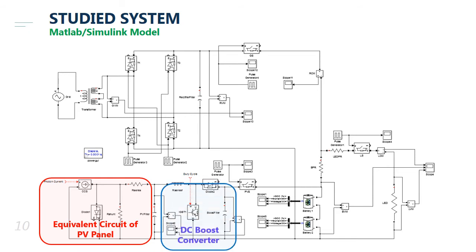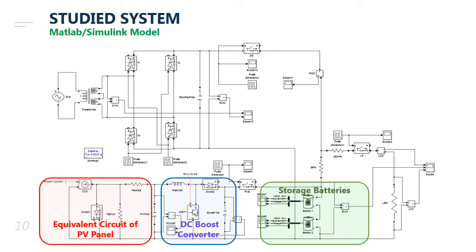The second part has the objective of regulating and raising the outputs of PV panels using a DC boost converter. The energy obtained at the boost converter terminals will be stored in the third part, called storage batteries.